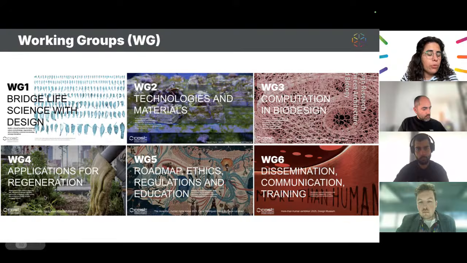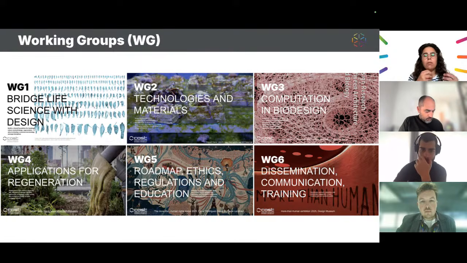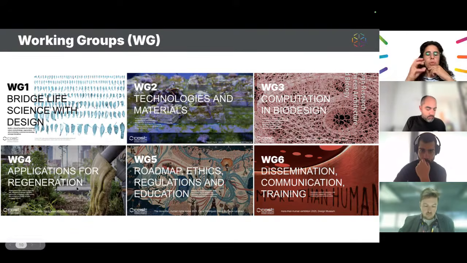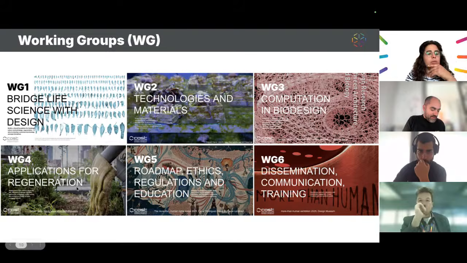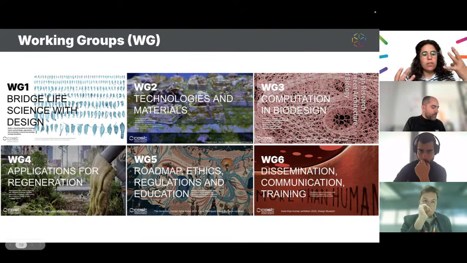Finally, the fourth work group, applications for regeneration, is really a work group where we will try to bridge all the lessons learned and all the cases that we collect from the first three working groups and apply this knowledge into either training schools, into PhDs, and really come up with prototypes, models, things that are palpable.